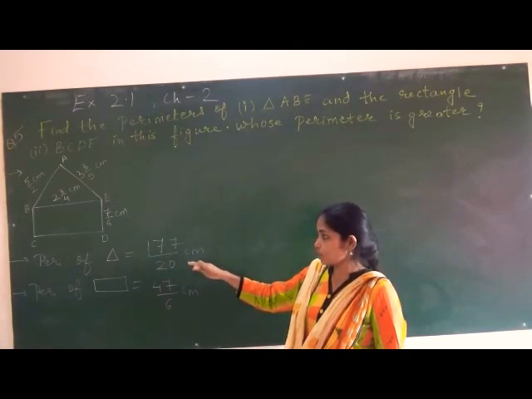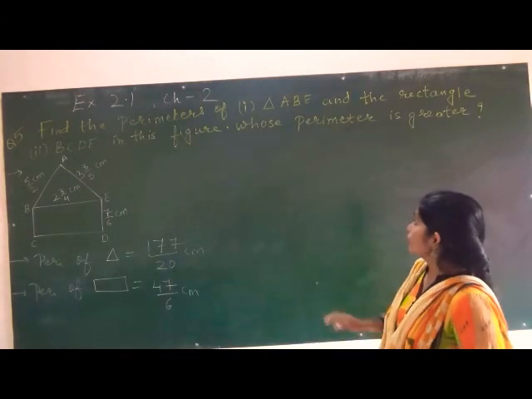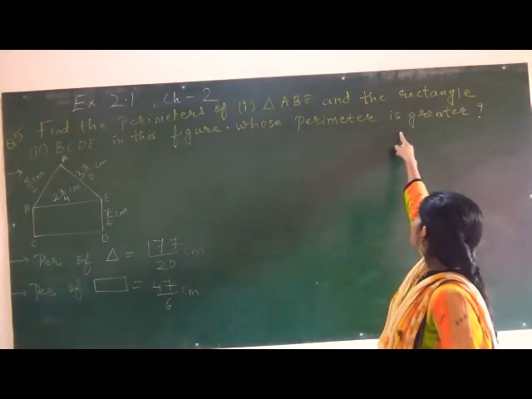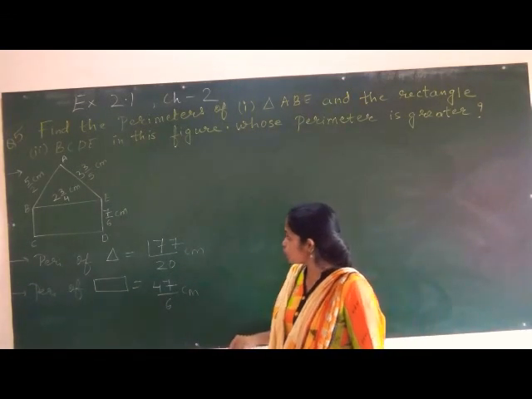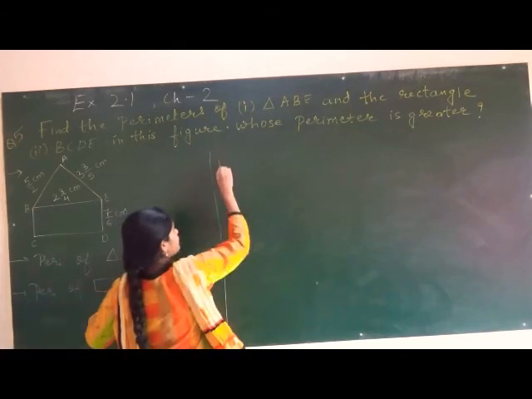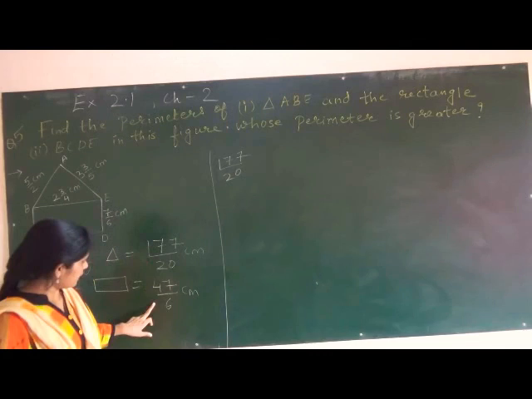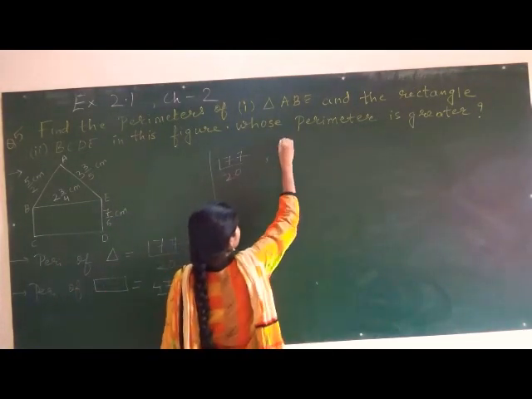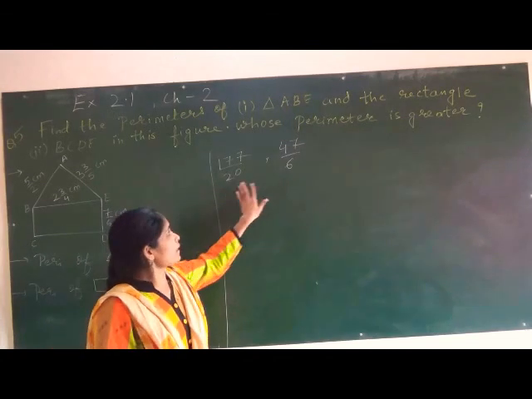So this is our answer of perimeter of triangle and perimeter of rectangle. Now for finding out whose perimeter is greater, we need to again compare these both. So first of all, here it is 177 upon 20 and here it is 47 upon 6.